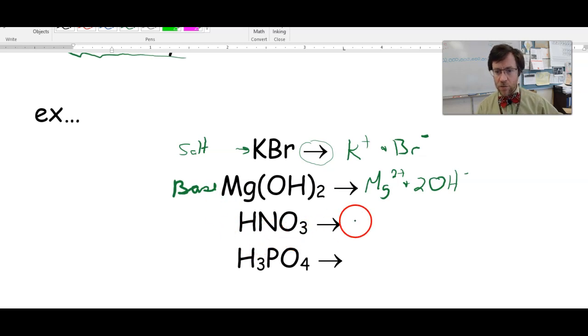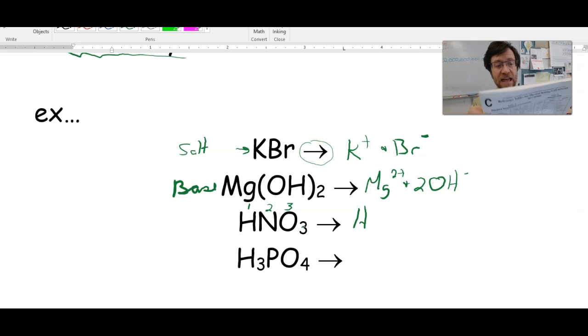Now we have HNO3. I'm noticing that what I've got here are one, two, three capital letters. Probably a polyatomic ion, right? Because remember, we're not going too crazy here with stuff just yet.